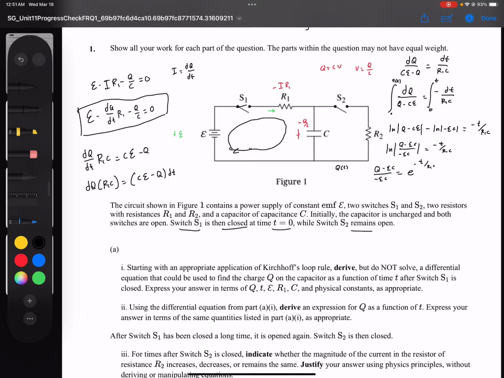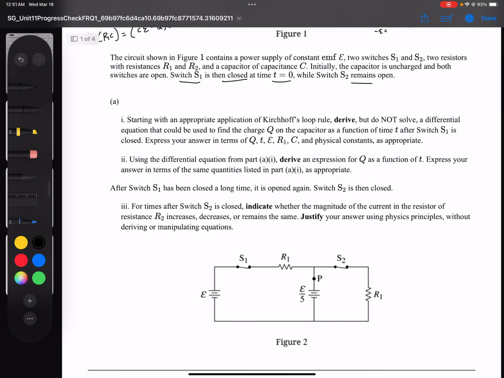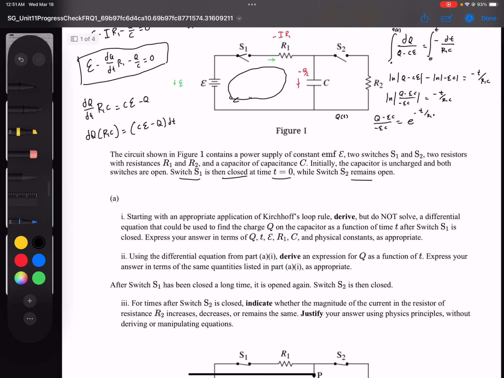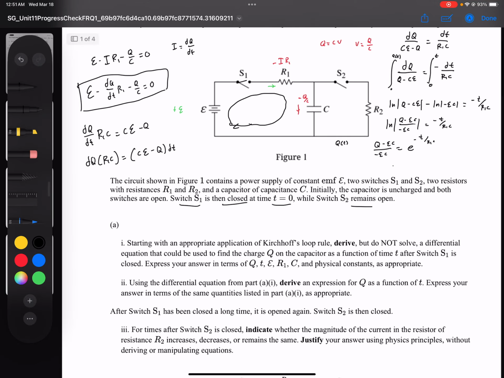So now let's basically rewrite this fraction here.